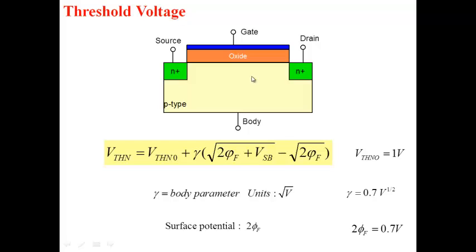Obviously, most of the time we want the threshold voltage to be low, and therefore we try to keep the source to body voltage at 0, but many times it's not possible, so one should remember that threshold voltage varies with this parameter.